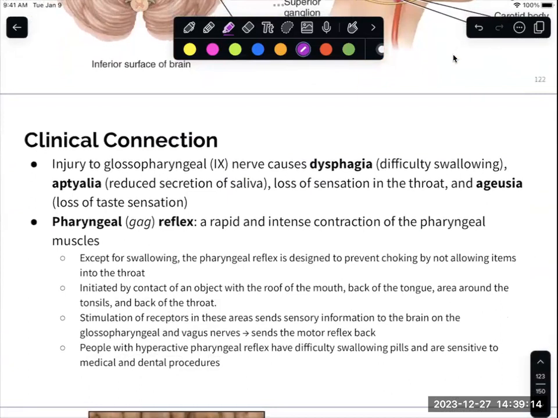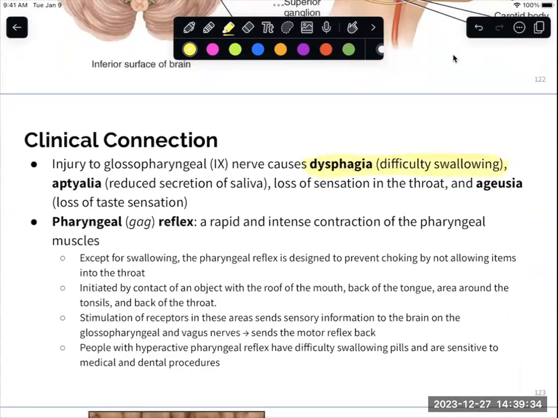Somebody who loses or has injury to that glossopharyngeal nerve, dysphagia, they cannot or have difficulty swallowing. Those of you going into nursing, every patient has to have that swallowing checked.